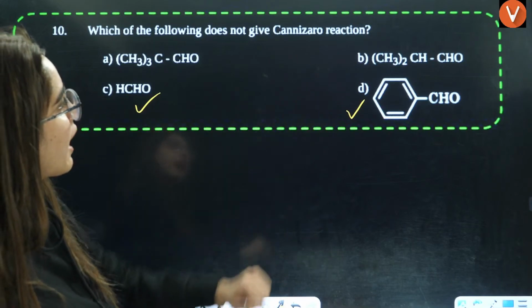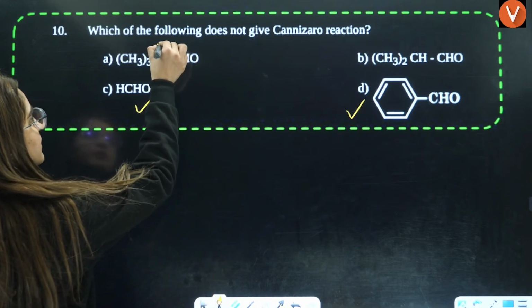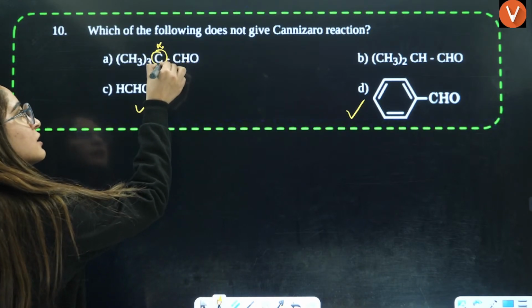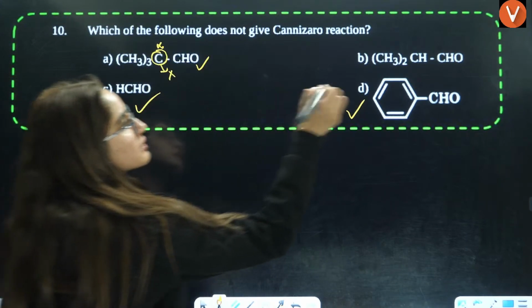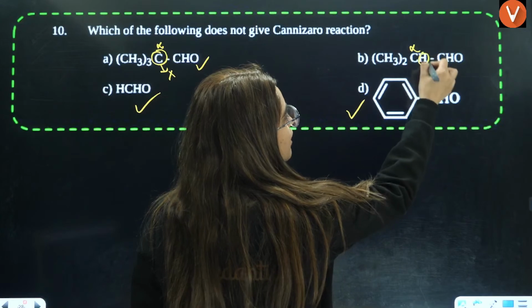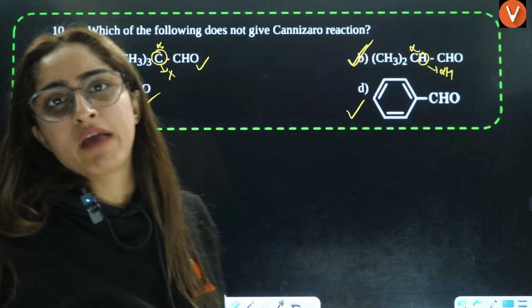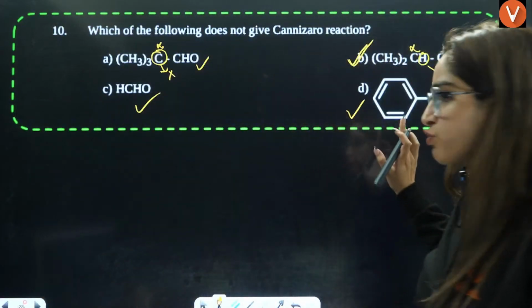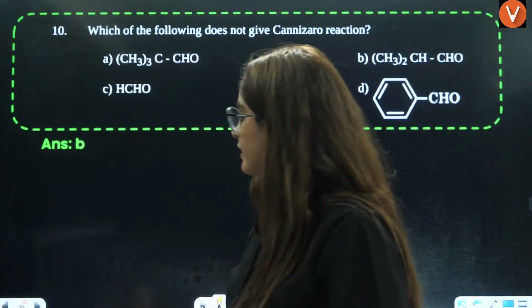This also does not have, wait a minute. This is the alpha carbon. This alpha carbon does not have any alpha hydrogen, so this also gives Cannizzaro. This is the alpha carbon, this is the alpha hydrogen. So this will not give Cannizzaro reaction. So answer is going to be B is the correct answer. Is it? Yes, students. Okay.